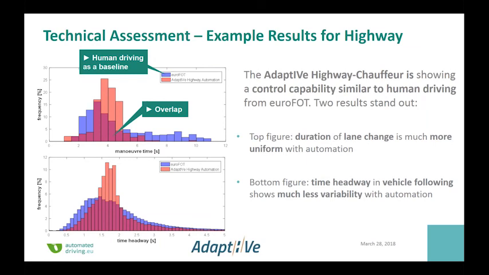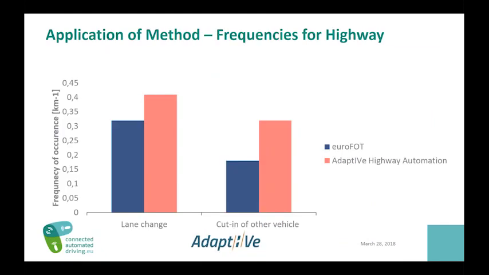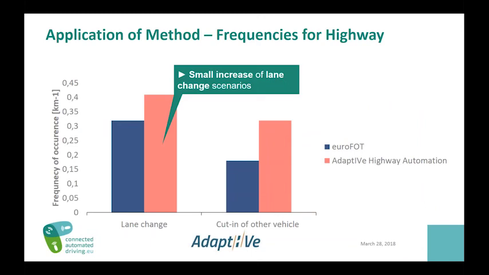You can see there's an overlap, and in the top figure you see the duration of a lane change as one example scenario. And you can see it's much more uniform with automation than by manual driving, which was kind of expected since the automation function is following a certain algorithm and the human driver is driving as he likes. And in the bottom figures, you see here the change of time headway in vehicle following, and here the frequency.